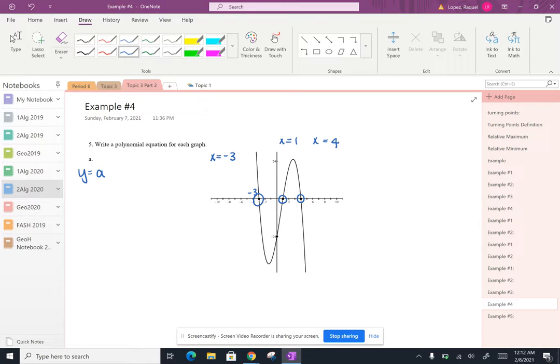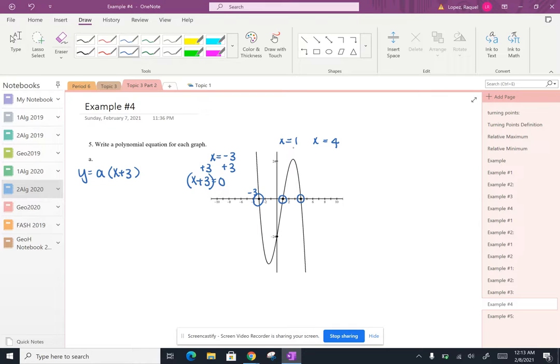Now remember, to write it in factored form, we need to put this inside our parentheses. I always like to set each of these equal to 0. So to do that, I'm just going to add 3 to both sides of the equation, and I end up with x plus 3 equals 0. And bam, here's my first factor, x plus 3. And then for the other factors, well, I have x equals 1.